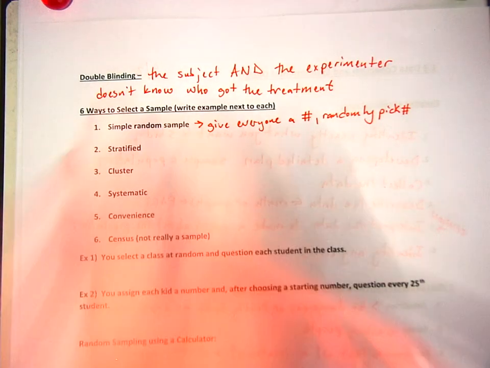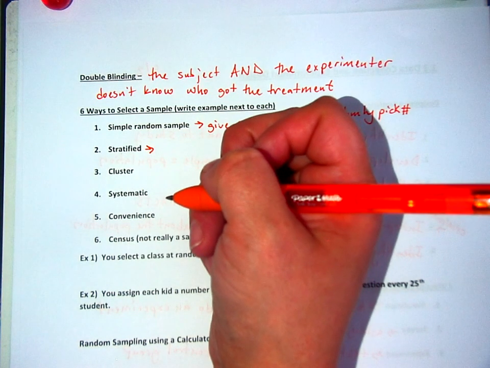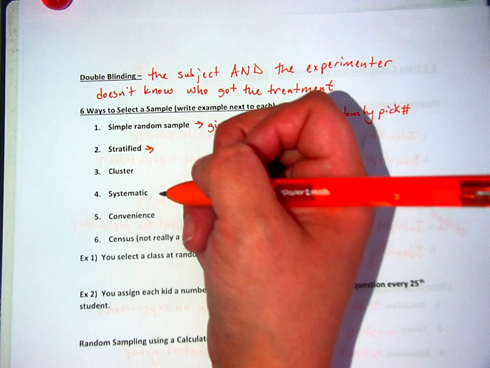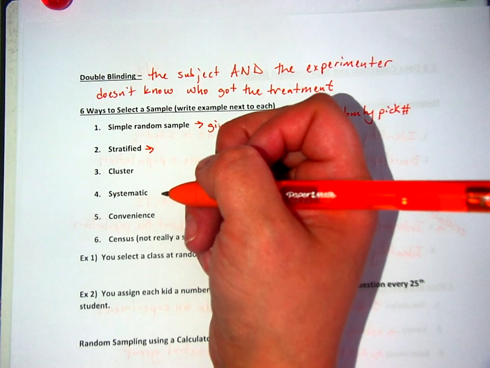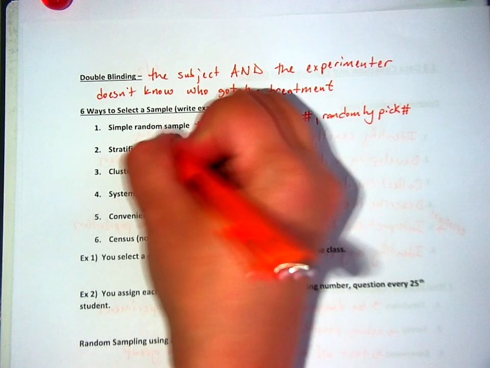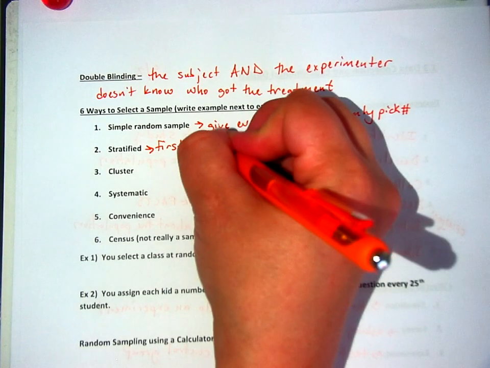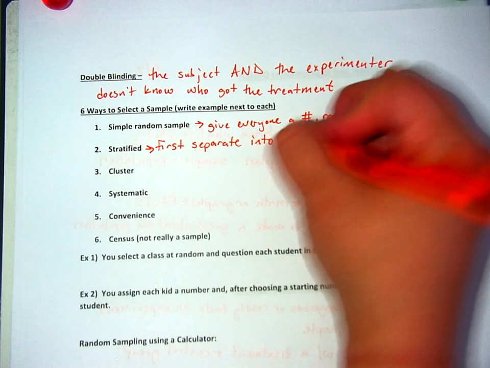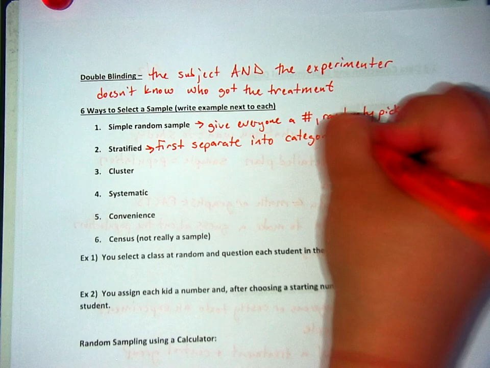Stratified is when you first organize them by categories. First, separate into categories. Pick some from each.